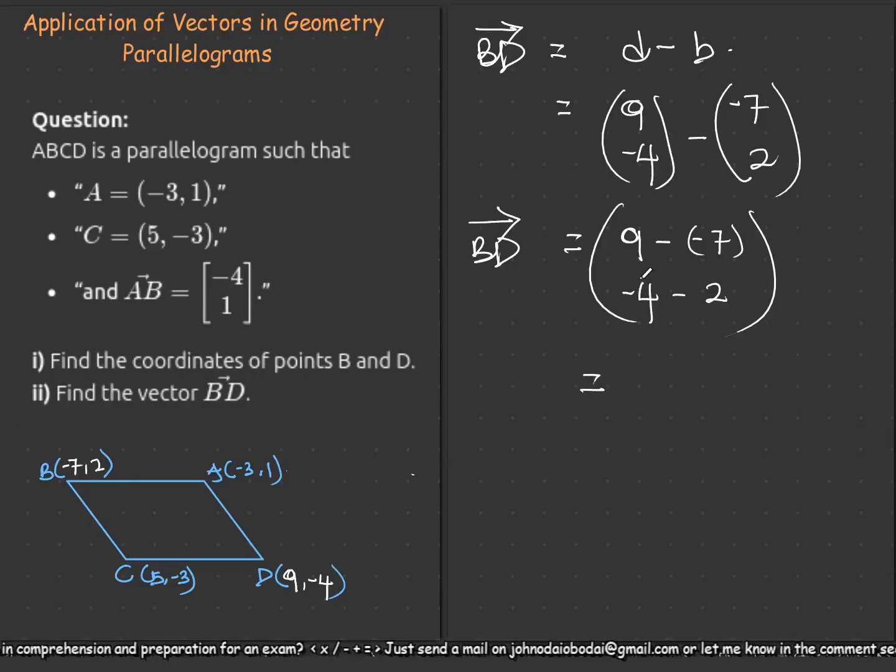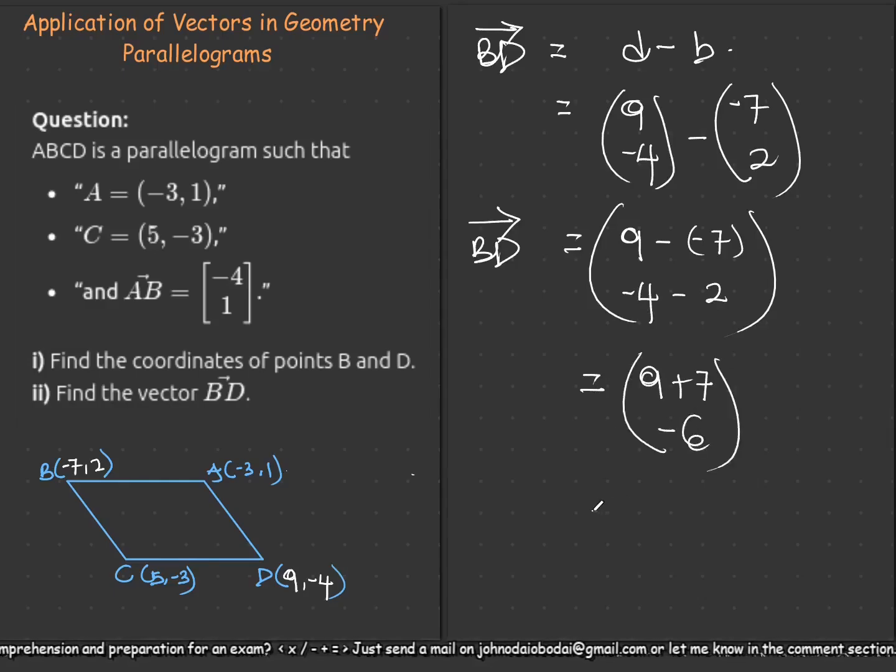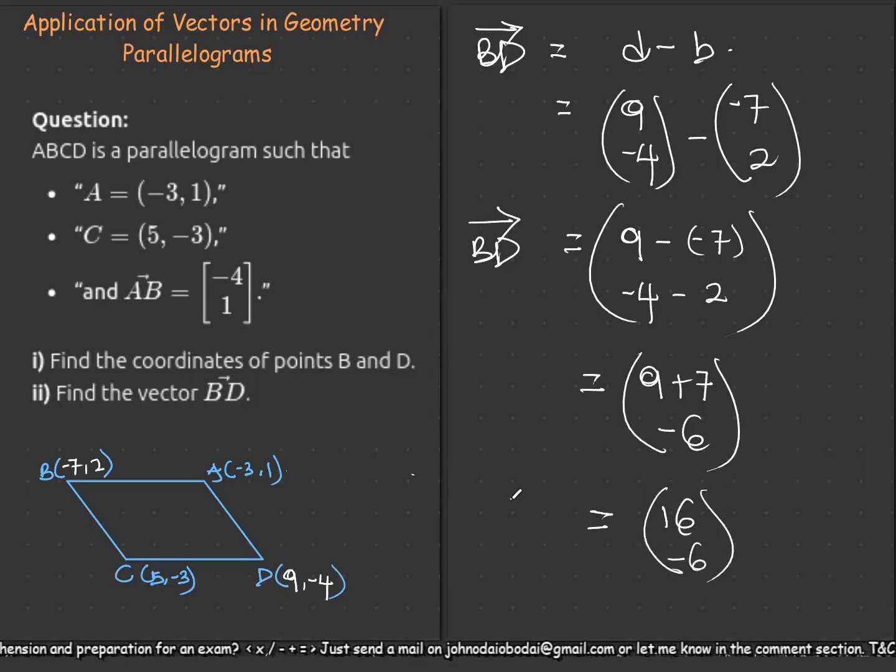Evaluating further, 9 minus -7 becomes 9 plus 7, which gives us 16. Then -4 minus 2 gives us -6. So (16, -6) is then vector BD. As simple as that.